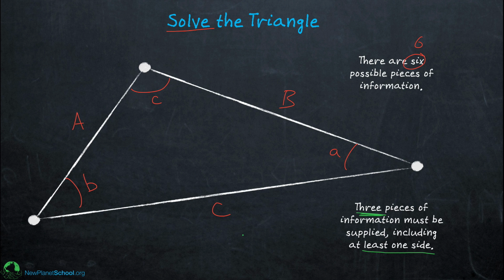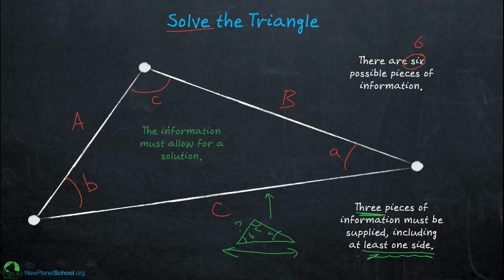In other words, if we only know angles, like this, say this has angles B, C, and A, it's similar to this triangle, but it's not the same as that triangle, so we can't figure out what the sides are. We need something that tells us the sense of scale, and that's why we need to know at least one side. The other thing is we have to make sure that the information actually allows for a solution.